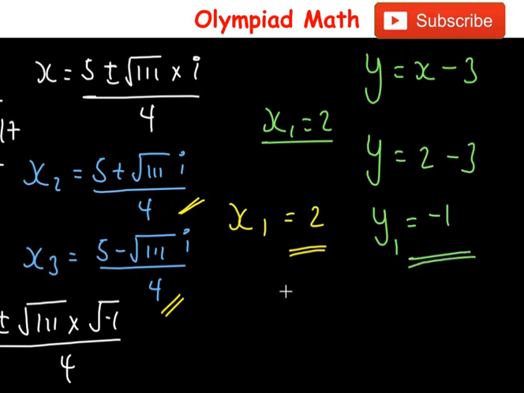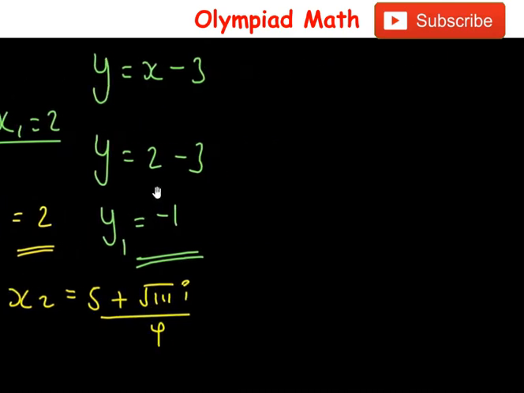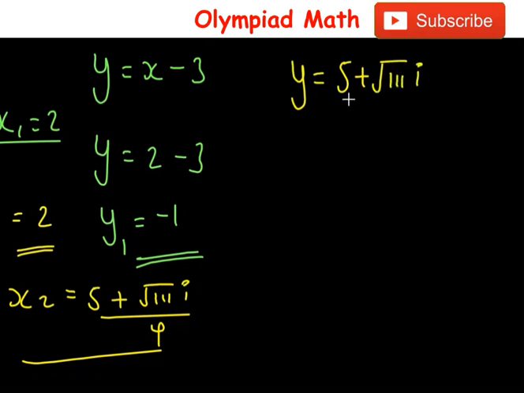Then for x2 equal to 5 plus root 111i all over 4, the solution of y is this. So inputting this into the equation, we have y is equal to x, which is 5 plus root 111i over 4, then minus 3. 3 can be written as 3 over 1.